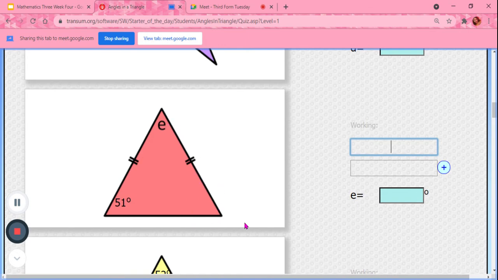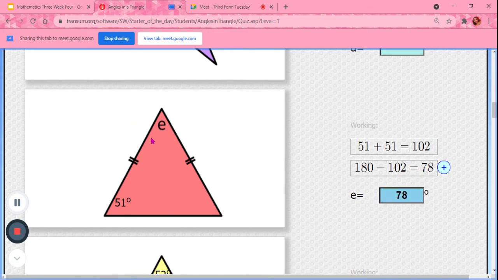Two of the sides are the same size, so by consequence, two of the angles are going to be the same magnitude. So I'm going to add 51 twice, or I could do 51 times 2, and this is going to give me 102. Now for me to find angle E, I'm going to do 180 minus 102. And what would that give you? 78. Very good. 78.